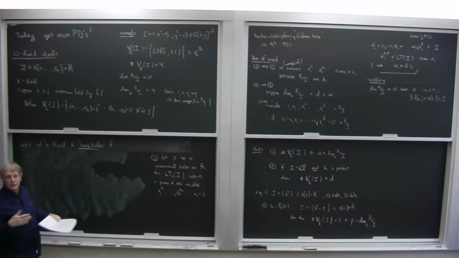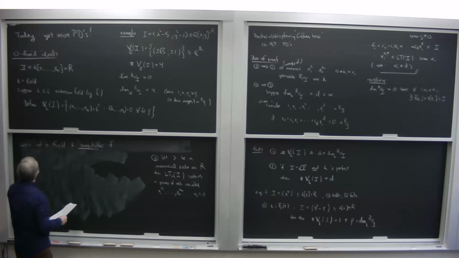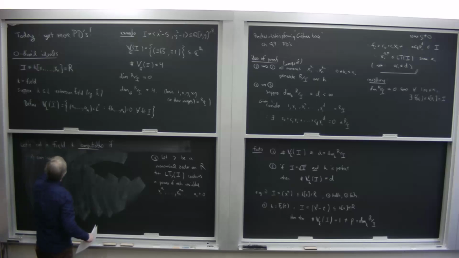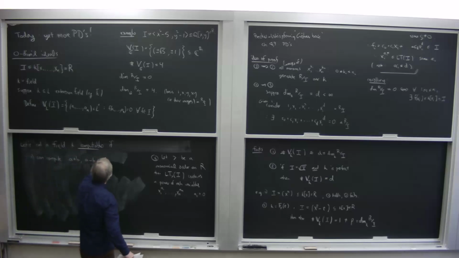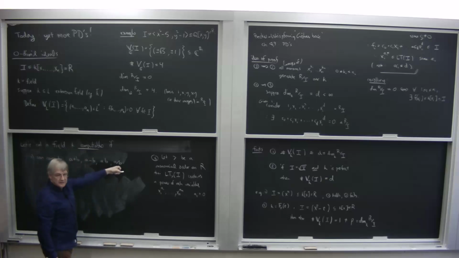It's a question of whether we have algorithms for doing things. One of them is we can compute A plus B, A minus B, A times B, and A divided by B, at least if B is non-zero, for all A and B in K when defined. Okay.